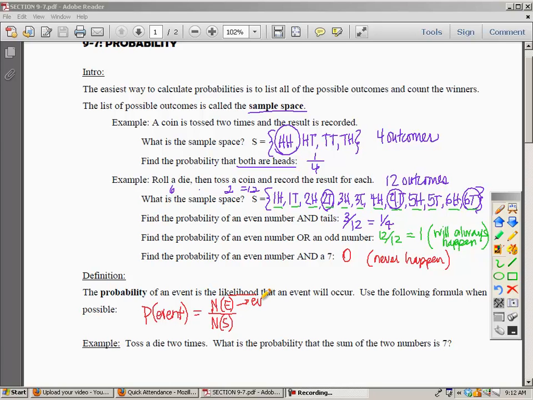So this is the events you want divided by the sample space. And I'm giving you the formula that they give you. I think overall, though, you know what probability is, but I just at least want you to see their wording as to what it looks like.